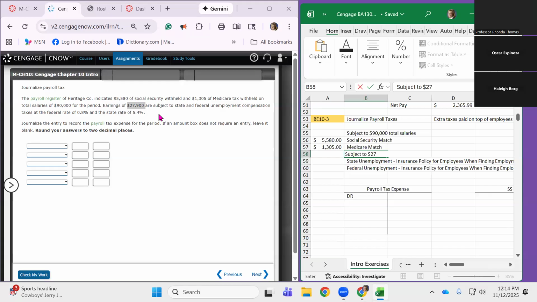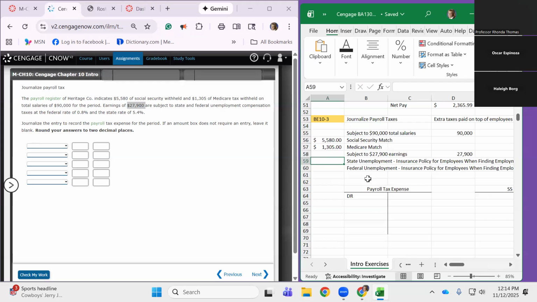I wish there wasn't, because they'd have to pay in a lot more and maybe people would be covered better, but subject to $27,900 in earnings. So whenever we take the 5.4% and the 0.8%, we're going to have to use 27,900 for this. And this one's already been figured for us, but I'm going to put it there anyway.